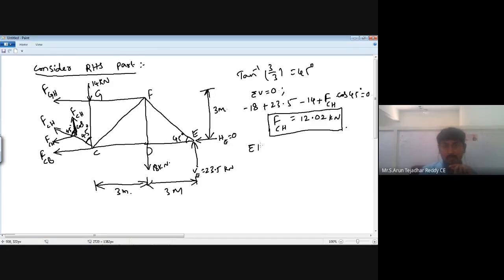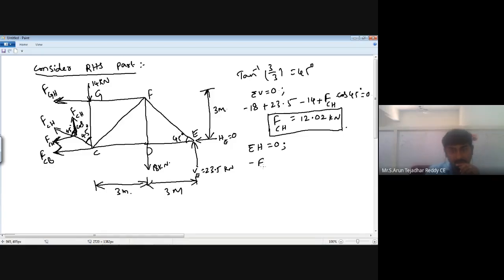Now apply horizontal force is equal to 0. Check how many horizontal forces are acting here. FCB is horizontal force, FCH horizontal force, FGH horizontal force, HE horizontal force. And check the directions. All directions are left side, so consider negative.